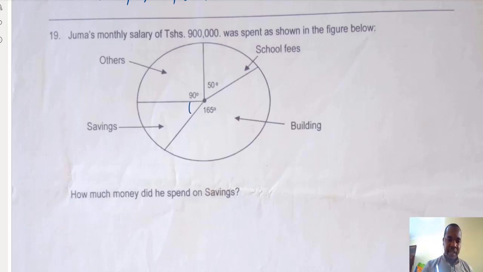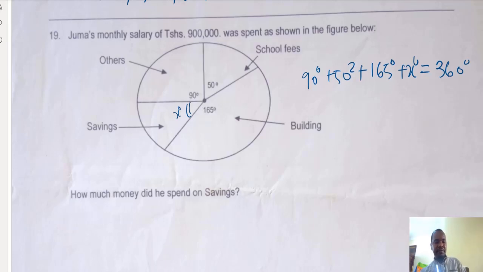So first of all, I think we have to get the angle corresponding to savings. So you are going to say that 90 degrees plus 50 degrees plus 165 degrees plus 80 degrees, the total will be 360 degrees.